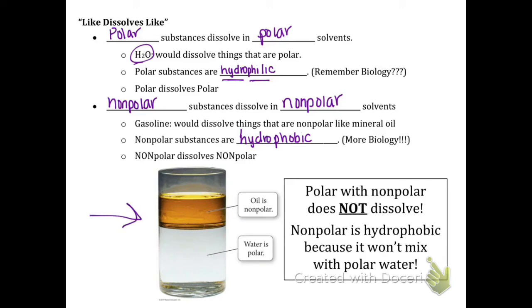Why do you think water and oil don't mix? It's because water is polar and oil is non-polar, so they will always have a separation like this, and they will never mix. If you shake oil and water, they will eventually separate out because one's polar and the other is not, right?